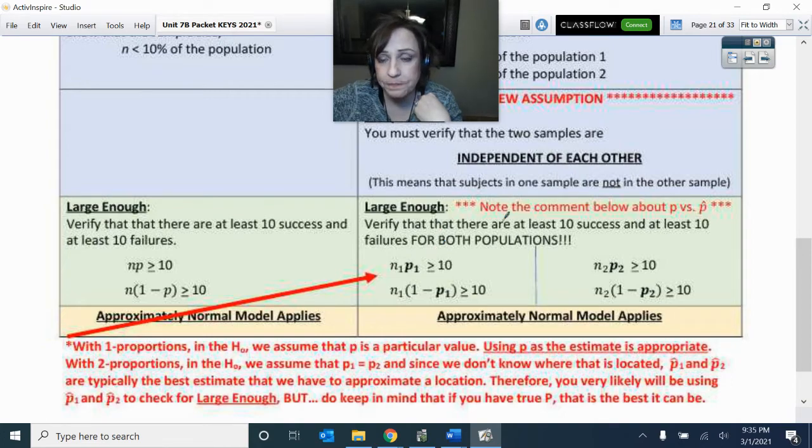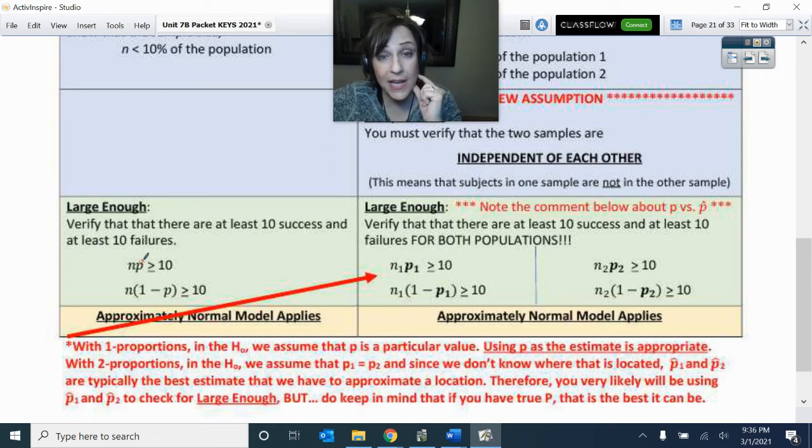Okay, now let's note one thing, and I have this written down here below so you can read that. The best it can be is if you use true p. So we would want to do that if we had true p. And with our one proportion tests, we generally have true p, so we use n times that true p.